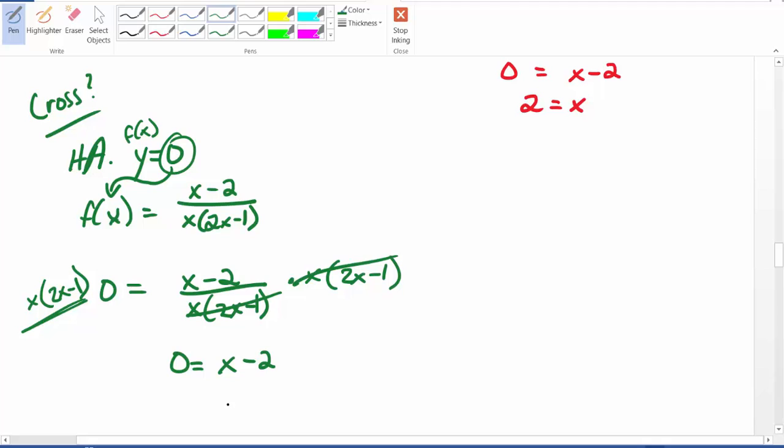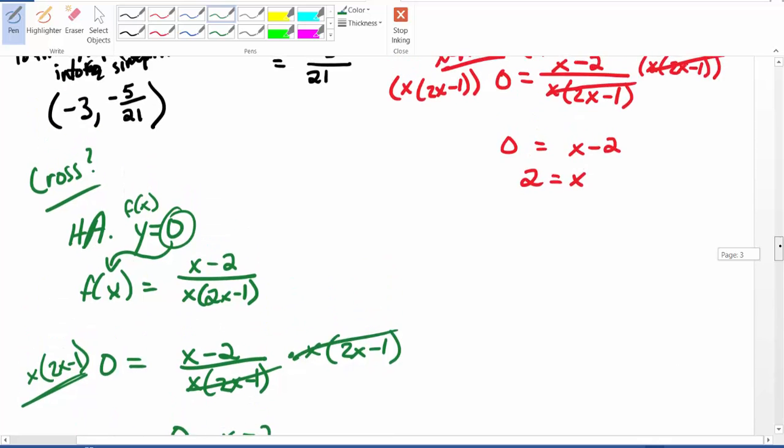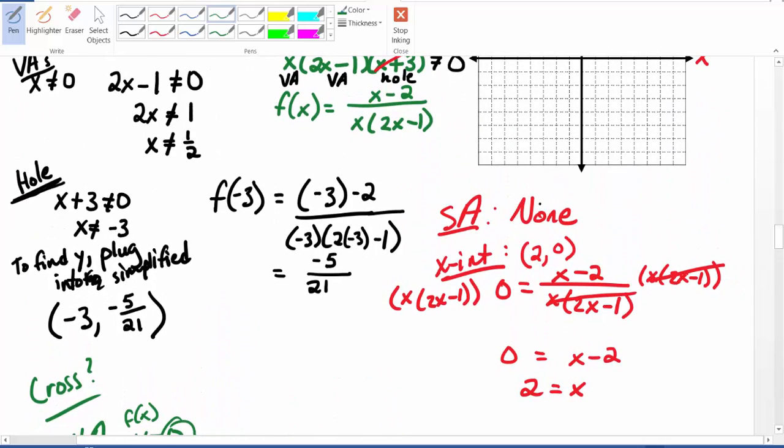As a result, x comes out to be 2. So there is a cross going on here, and it happens specifically at x equals 2. In fact, we also know the y value. It is literally the y value from our horizontal asymptote, so in this case it's 0. It's interesting to see that our cross specifically happens at our x-intercept. They happen to be the same exact thing.